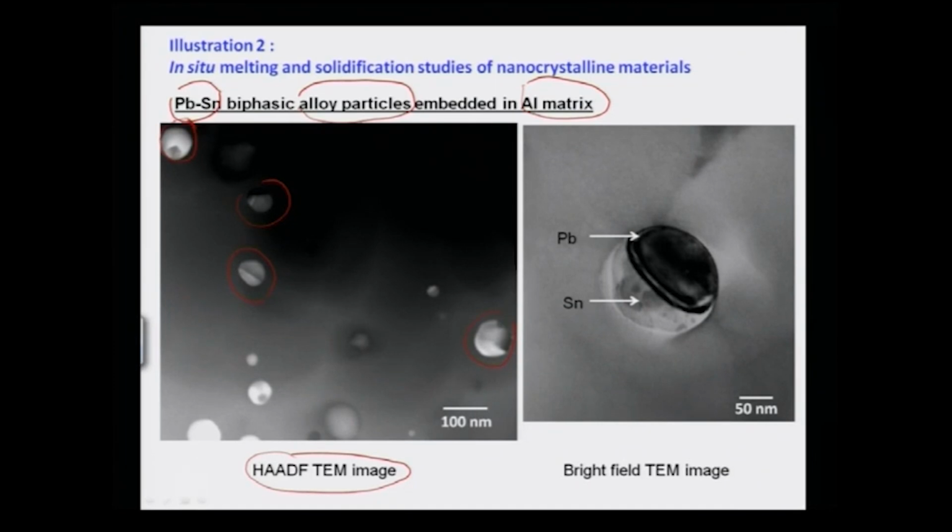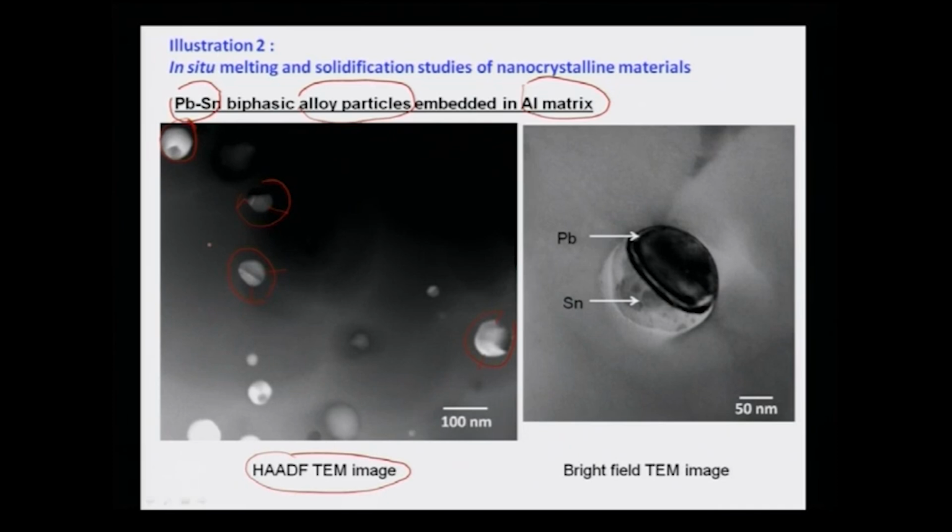Each nanoparticle shows a double contrast or two phase contrast, one at the top, one at the bottom, or vice versa, depending on how the particles are oriented. You can clearly see the different contrast in all the particles. That clearly tells that there are two different kinds of phases. They have two different atomic numbers or average atomic numbers.